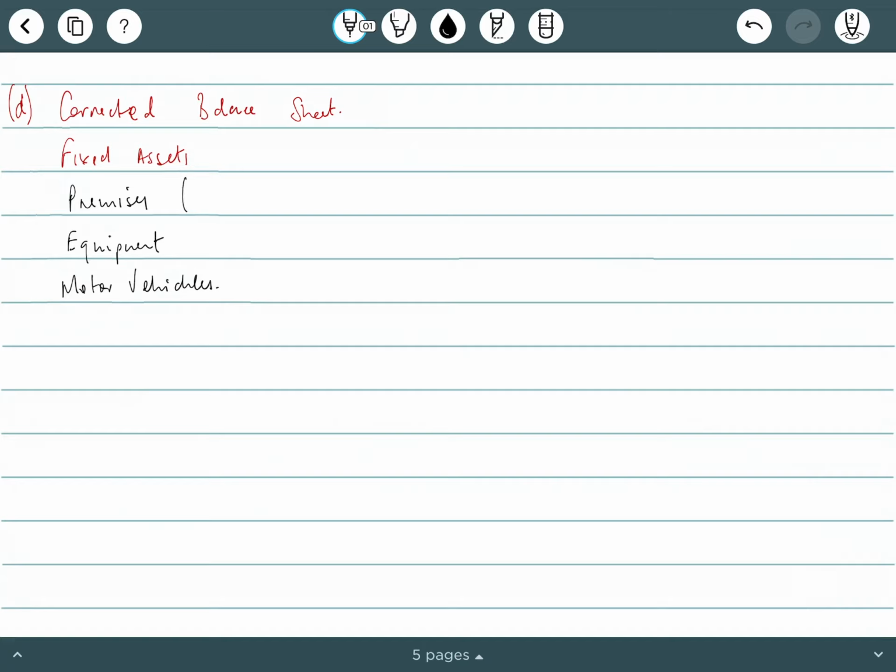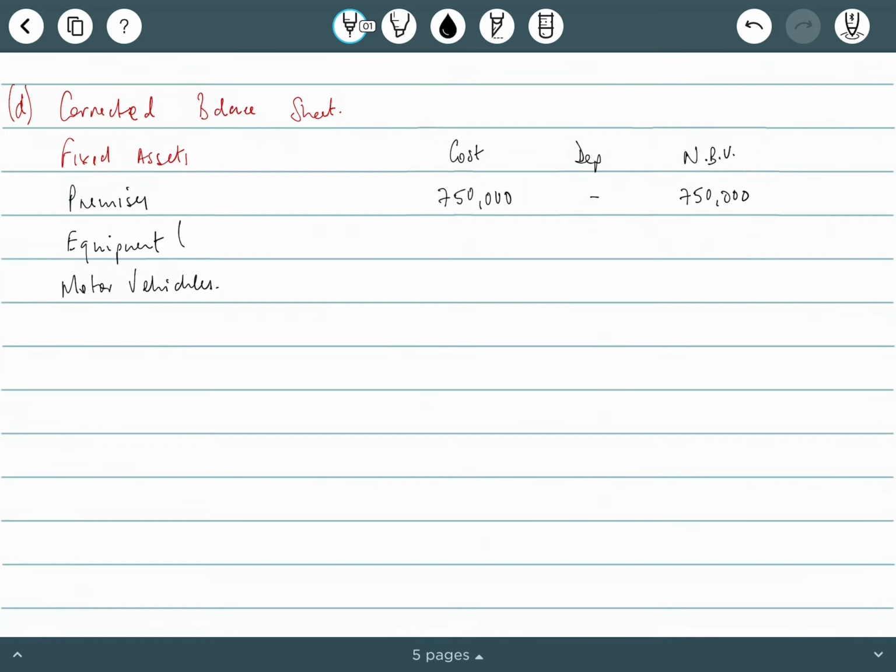So premises, don't need anything because we didn't affect the premises. So what we can do then is come over here and have your cost, depreciation, and your net book value. 750,000. Nothing there, 750,000. You get marks for that, lads, so please don't forget them.